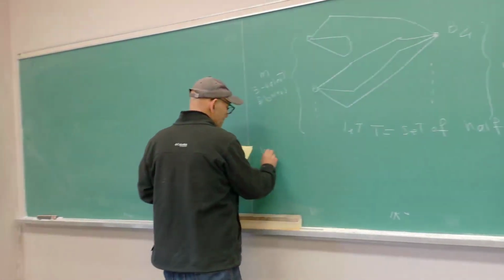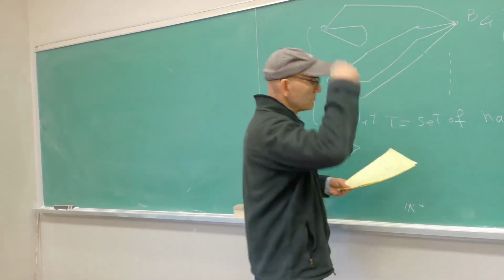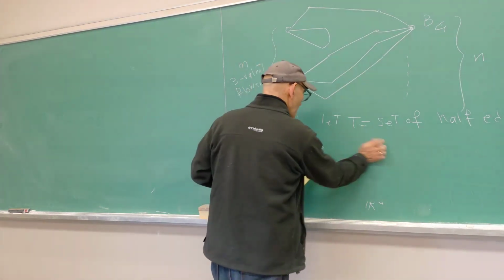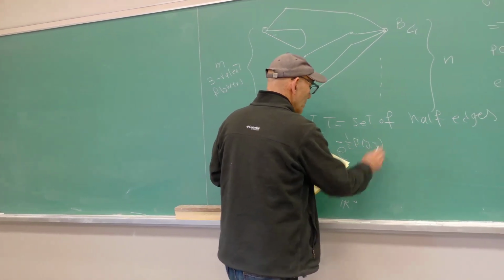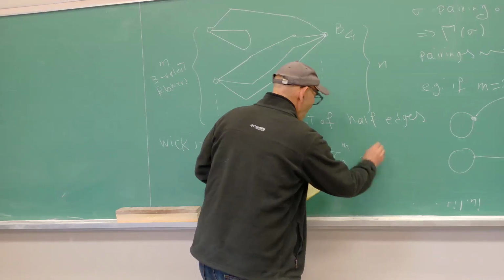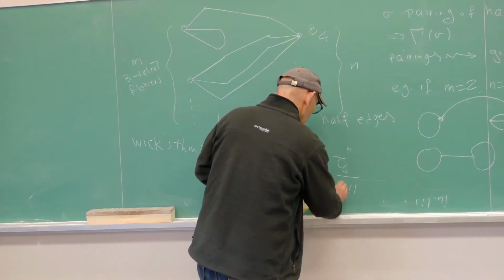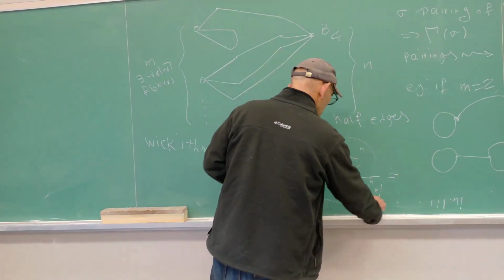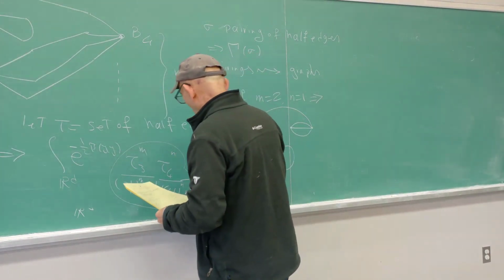In any case, Wick's theorem tells us that this quantity star, let me write it here again: the integral over R^d of exponential of -1/2 B(y,y), times tau 3 to the power m over 3 factorial to the power m, m factorial, times tau 4 to the power n over 4 factorial to the power n, n factorial, is equal to, so it's exactly the same coefficient, times the exponential of, there should be b3 to the power m, sorry.